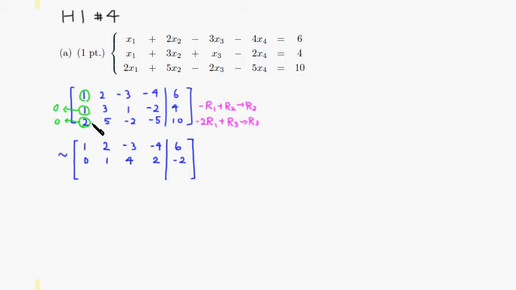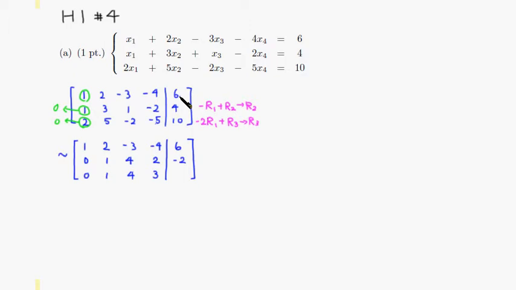And here we multiply the first row by -2 and add it to that. So 1 times -2 added to that is 0. 2 times -2 is -4, added to 5 would be +1. -3 times -2 is +6, added to -2 would be +4. -4 times -2 is +8, added to -5 would be 3.